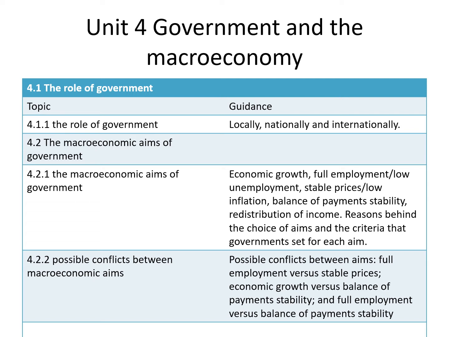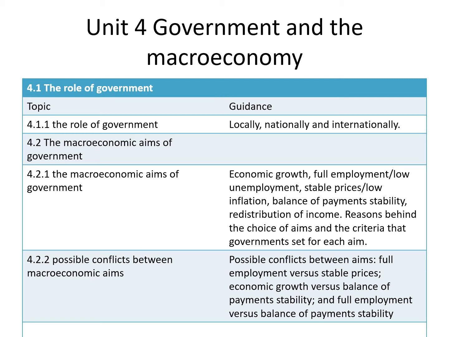These are economic growth, full employment, stable prices, balance of payment stability, and redistribution of income. And we should consider reasons why a government might choose low unemployment, i.e. full employment, rather than low inflation. And there are certain criteria that governments set for each aim.